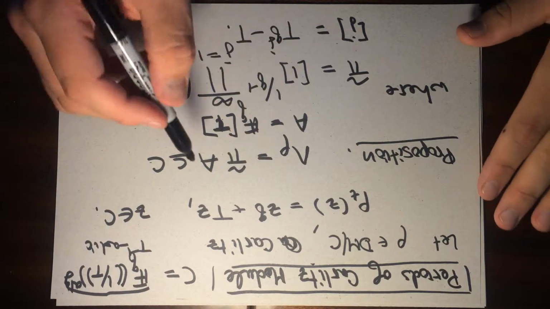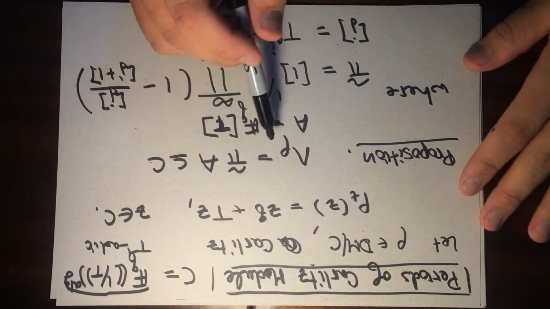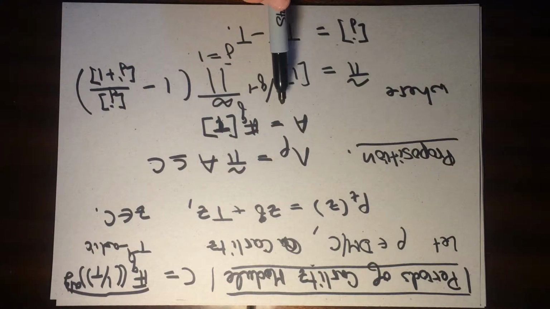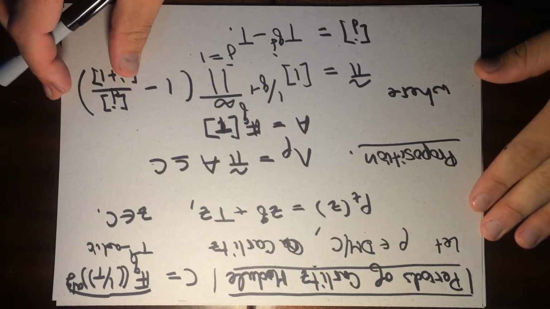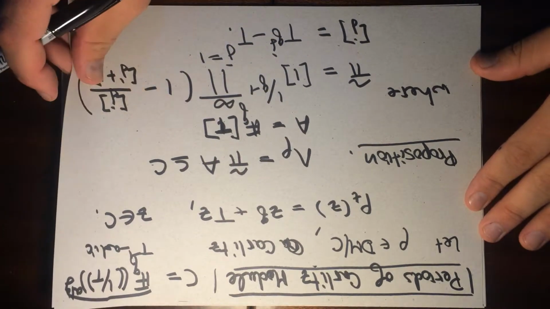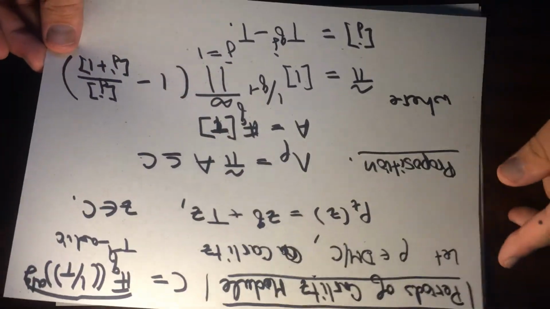Remember that this whole thing is defined to be the kernel of the Carlitz exponential, and we have this explicit period here, an explicit generator that you can write down using rigid analysis.